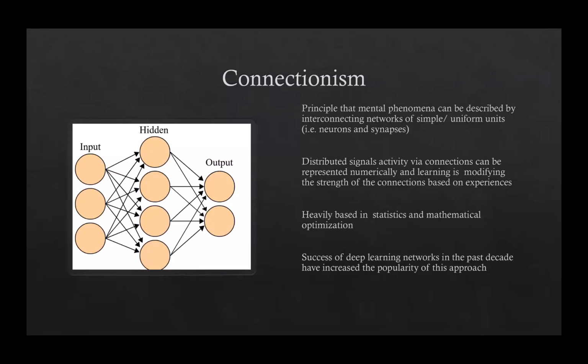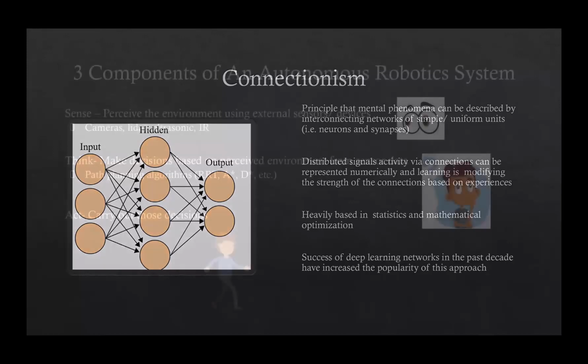So the strength of those connections is improving, and you're getting better and better at math. This approach is heavily based, like I said, in statistics and mathematical optimization. And one of the things that we're seeing is that the success of deep learning networks, especially within the past decade, has increased the popularity of this approach to the concept of artificial intelligence.